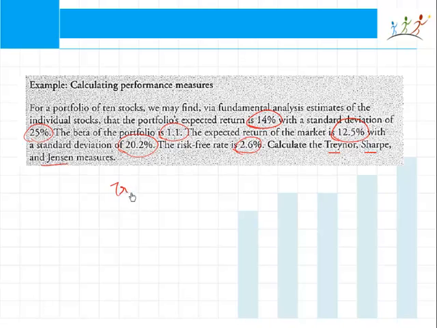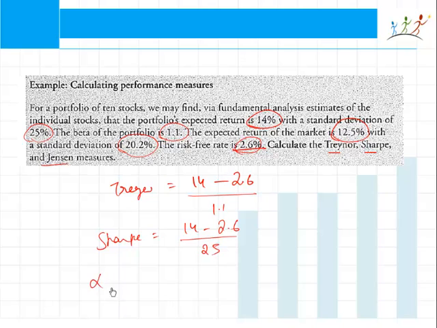So the Treynor will be the expected return that is given to be 14% minus the risk-free rate that is 2.6% divided by the beta that is 1.1. The Sharpe ratio similarly will be the expected return minus the risk-free rate upon the standard deviation which is given to be 25%.